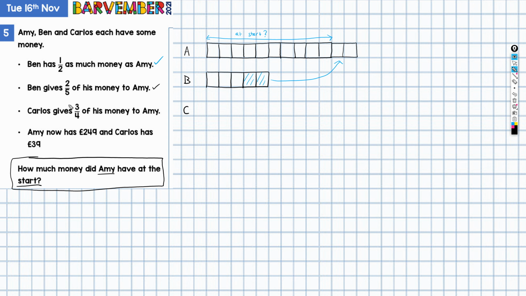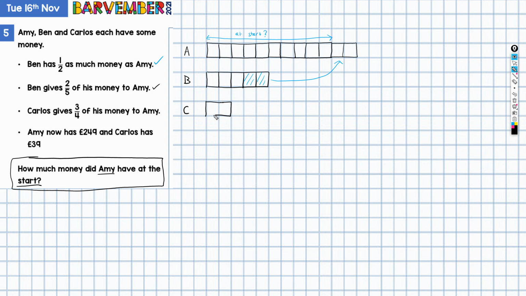And then we're on to Carlos. Carlos gives 3/4 of his money to Amy. Now, we're not given any information about how the amount Carlos has relates to the amount that Ben or Amy has, just that he gives 3/4 of his money to Amy. So I'm going to draw a bar that's split into quarters, but then I'm going to draw them a different size than these, just so that I remember that they are different.